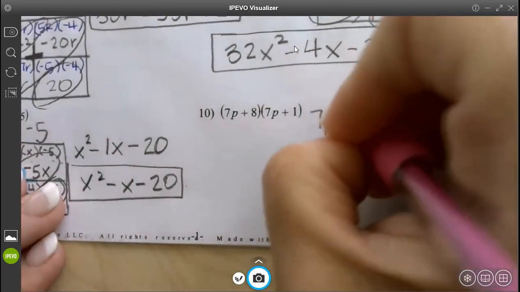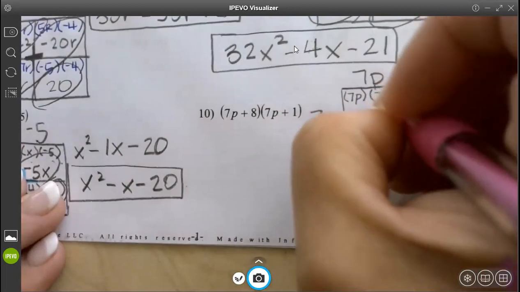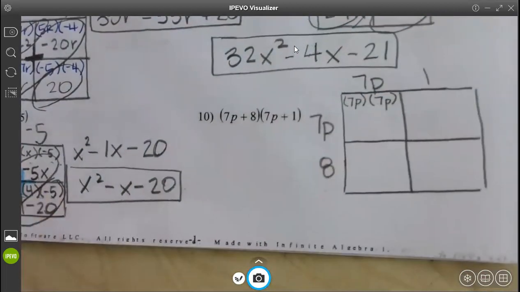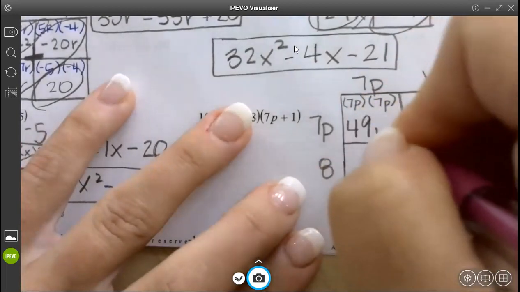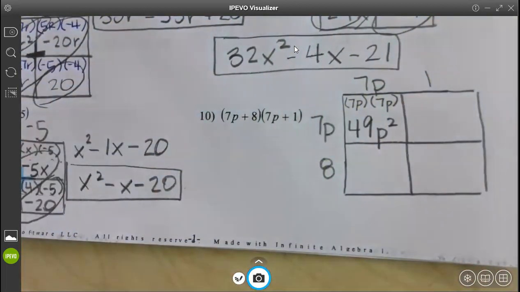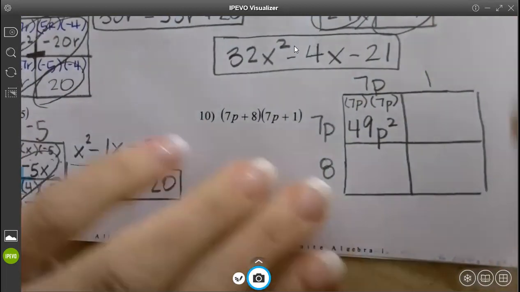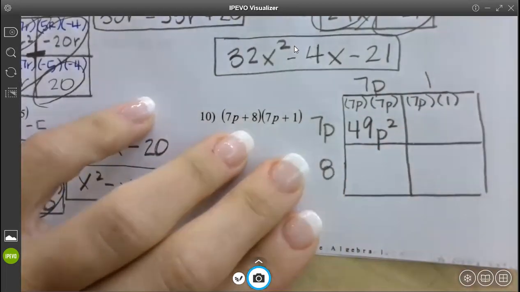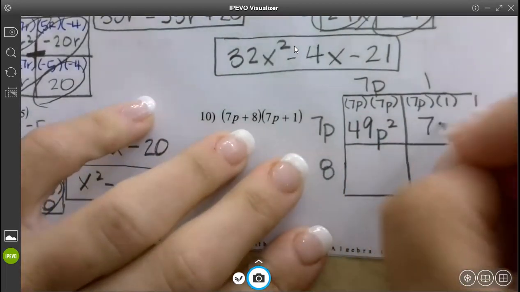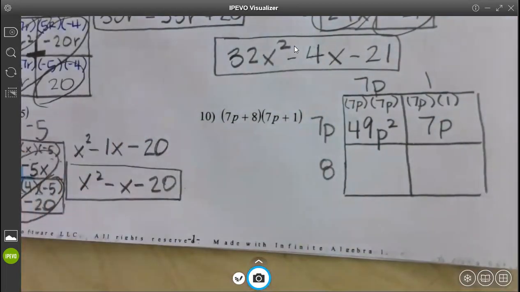So in the first box, 7p and 7p. 7 times 7 is 49, and there's 2 p's. Make sure that you're multiplying those. 7 times 7 is 49. In the next box, you have a 7p and a 1. 7 times 1 is 7, and there's only 1 p.